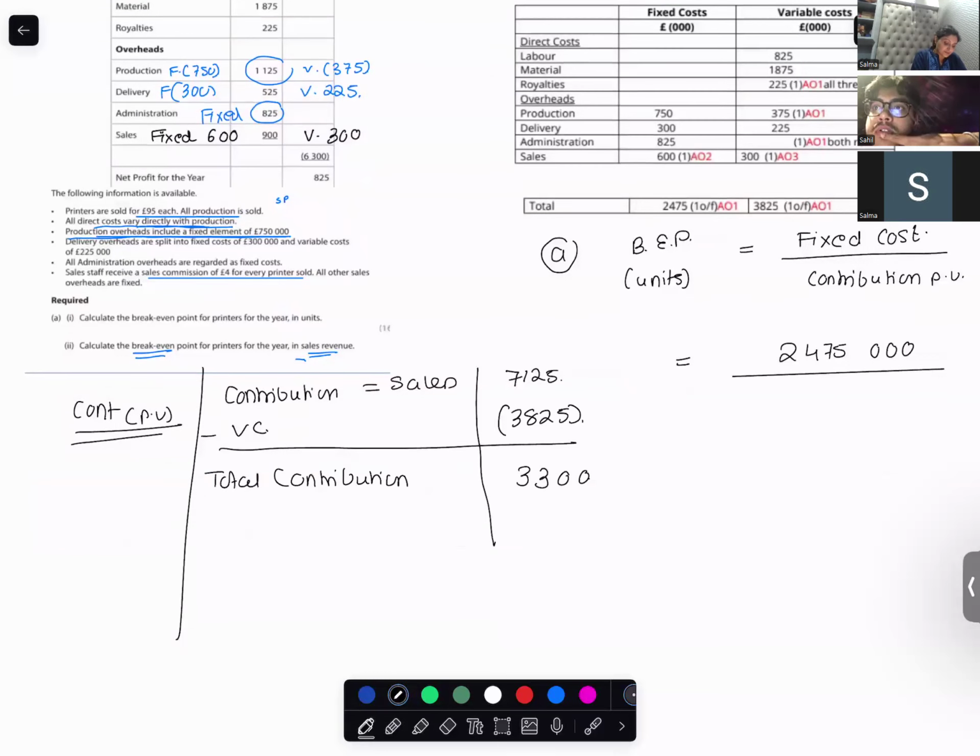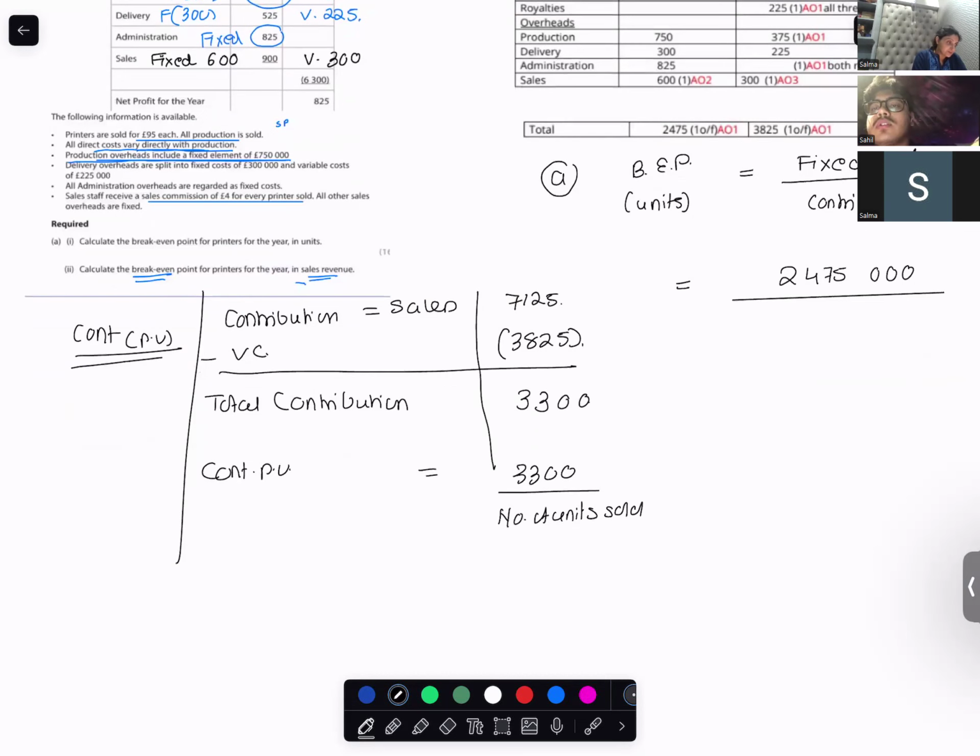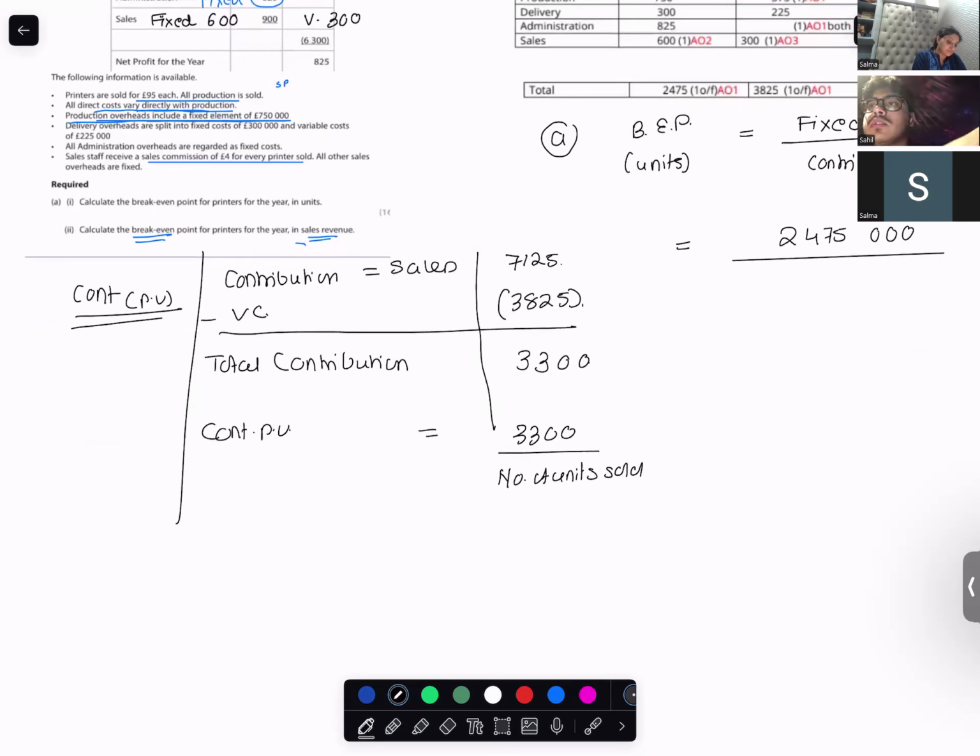To find contribution per unit, you divide the 3 million by the number of units sold. What is the number of units sold? 75,000. So I will remove 3 zeros there and 3 zeros here.